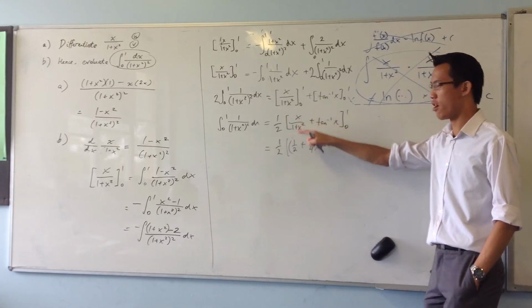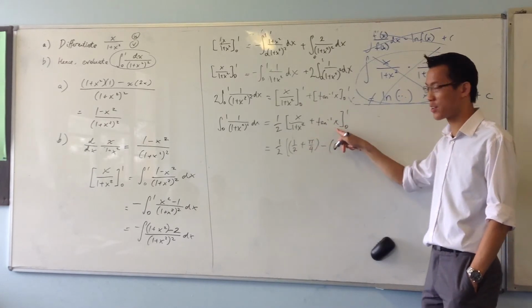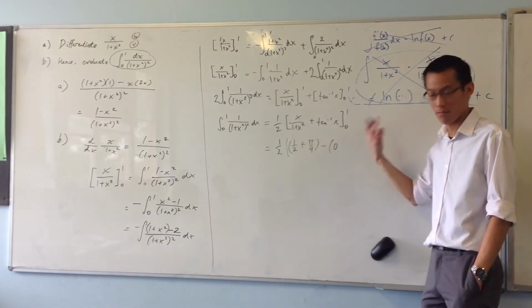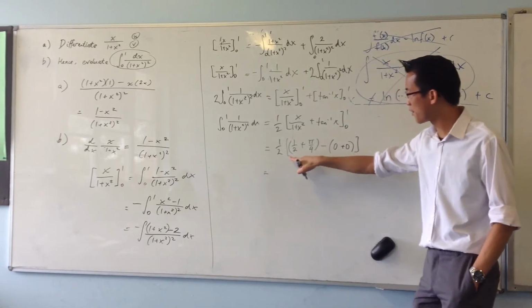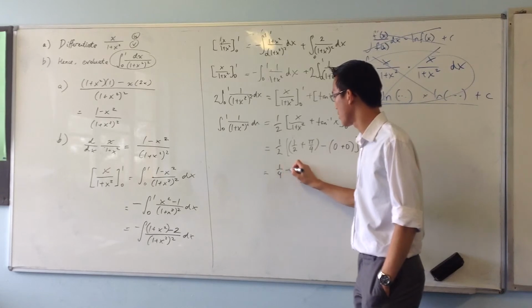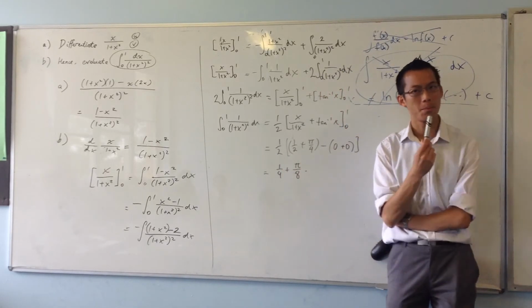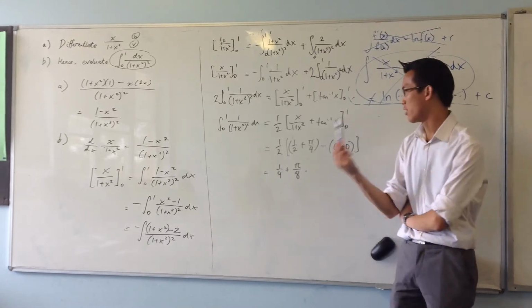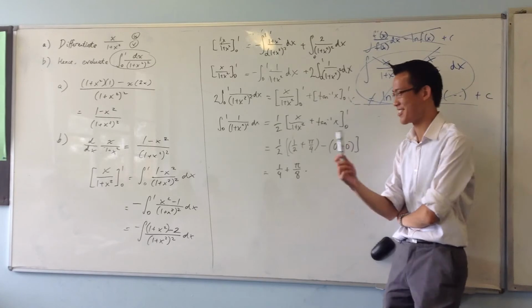I get 0 on, I don't care, so 0, plus tan inverse of 0, which is 0. Half times all that, and then you can go home. Well, actually not quite. I think this is not the last question, it's the second last question. So don't go home yet, but anyway, you get the idea.